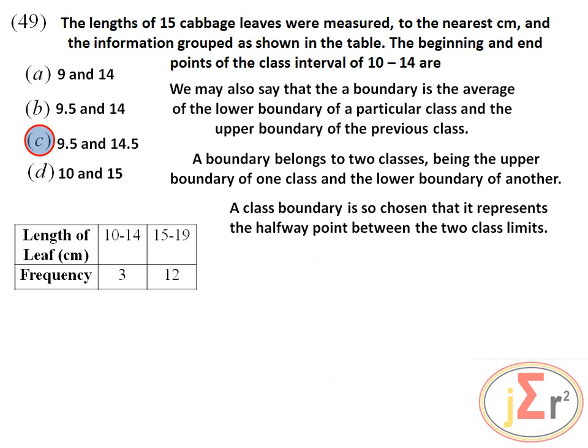A class boundary is so chosen that it represents the halfway point between the two class limits. So it represents the upper limit of a particular class and the lower limit of the subsequent class. So it is the average of the upper limit of a particular class and the lower limit of the subsequent class, or the average of the lower limit of a particular class and the upper limit of the previous class.